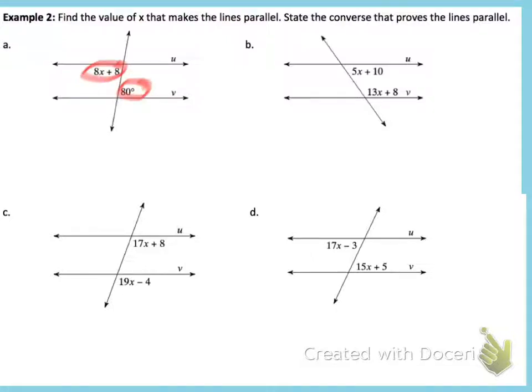So these two angles are in the position where they're alternate interior angles, right? So I know right away the theorem I'd have to use to prove the lines are parallel is the converse of the AIA theorem.